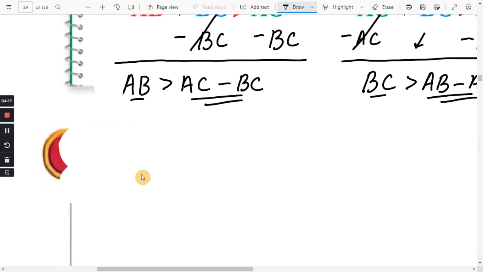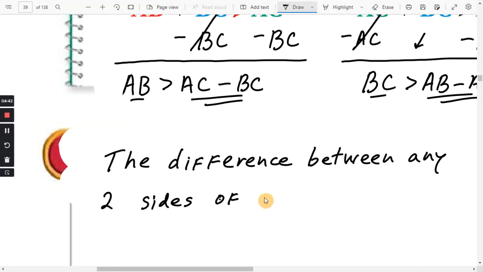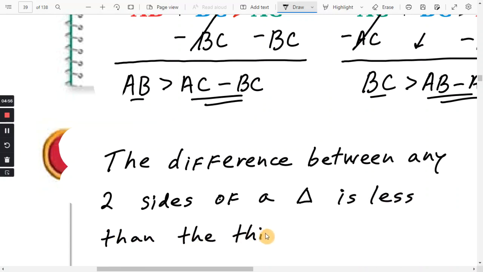So we can say the difference, which is basically when you subtract, the difference between any two sides of a triangle is less than the third side.